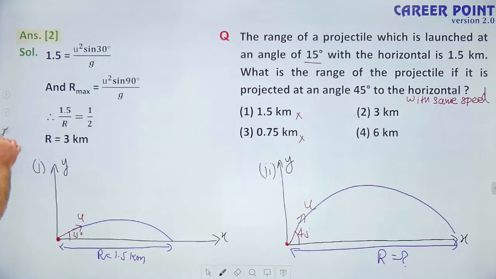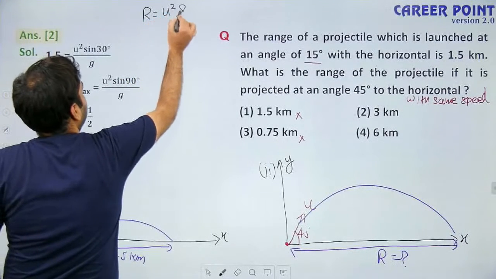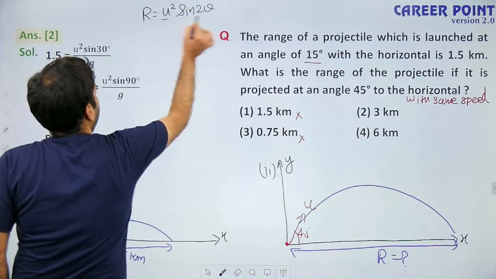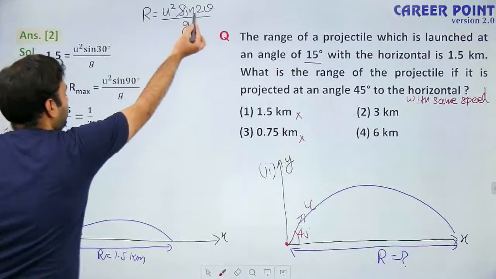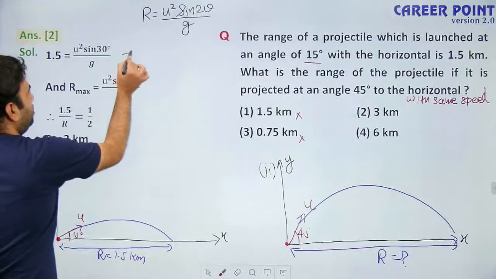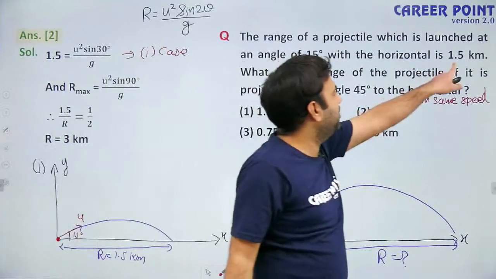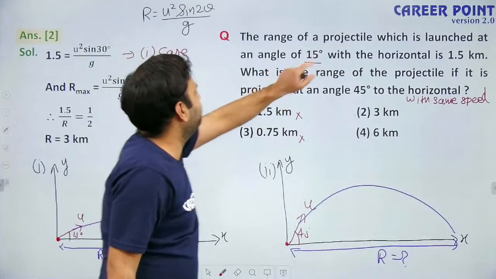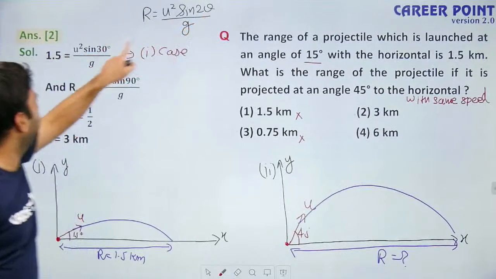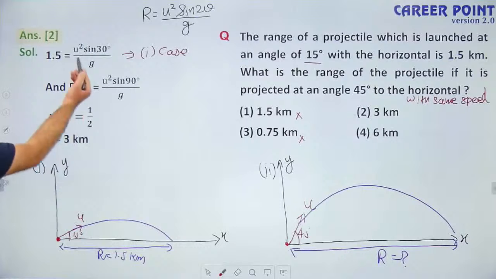For the first case, what is the formula of range? Range is equal to u square sine 2 theta divided by g. If I apply the formula of range for the first case, I have range as 1.5 kilometers and angle as 15 degrees, so 2 theta will become 30 degrees. u we do not know and we do not need it, and g as it is.